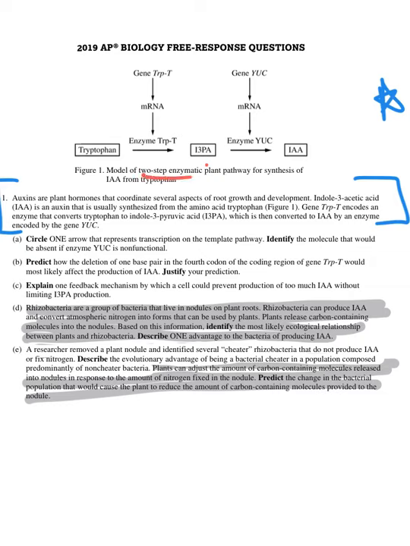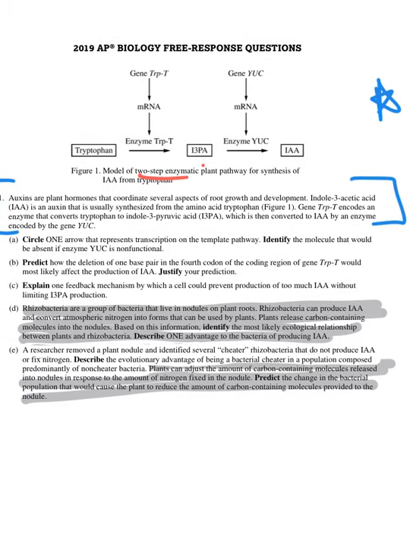Now I have to actually break down what the question is asking me. For each of these, A, B, and C, I'm going to fill out circle and then identify. What are they actually asking us to do? They're asking us to identify, so I'm going to focus on this. If you were to answer circle one arrow that represents transcription, we already said it here: a gene is DNA and mRNA is going to be the second part of this.